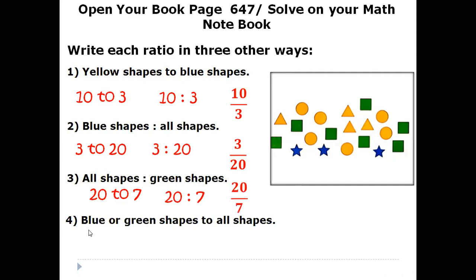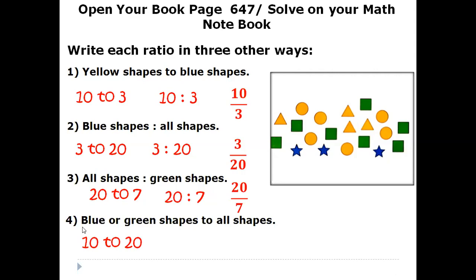Blue or green, look at this, blue or green. So to all the shapes. So blue or green, if you count the blue and the green shapes all together, we have 1, 2, 3, 4, 5, 6, 7 squares, 7 green squares, and 3 blue. 7 and 3 is 10. Okay, so again, where did we get the 10 from?